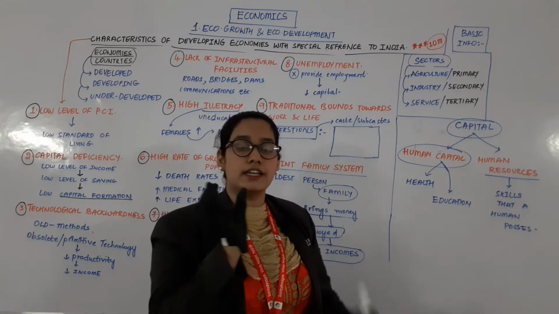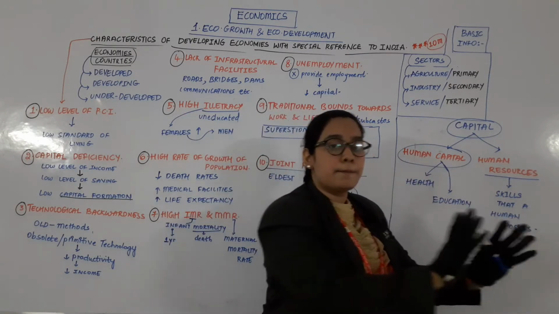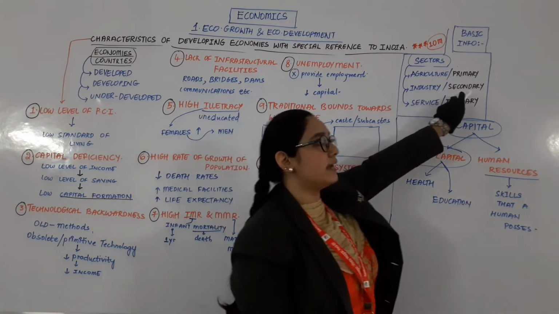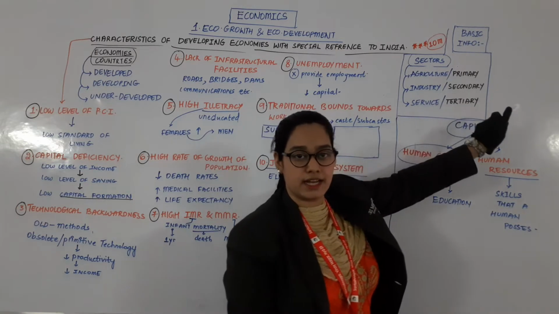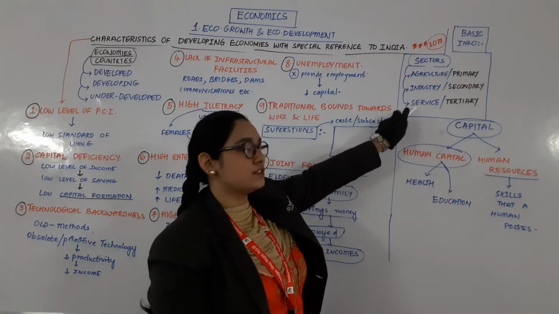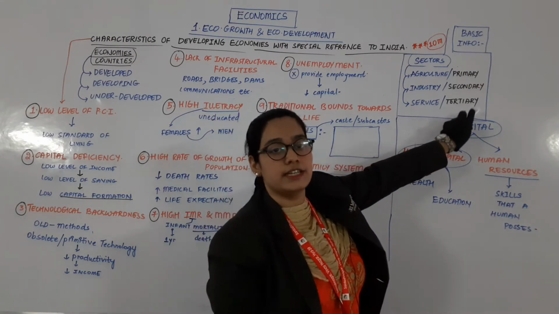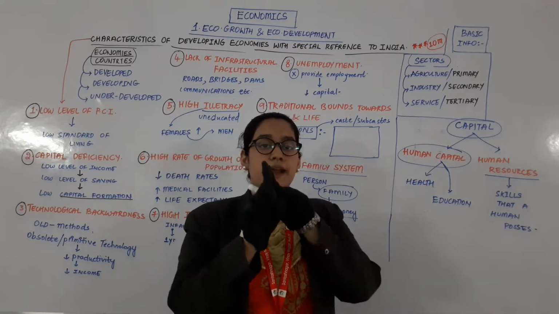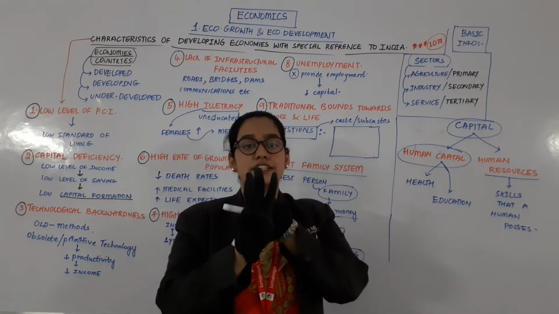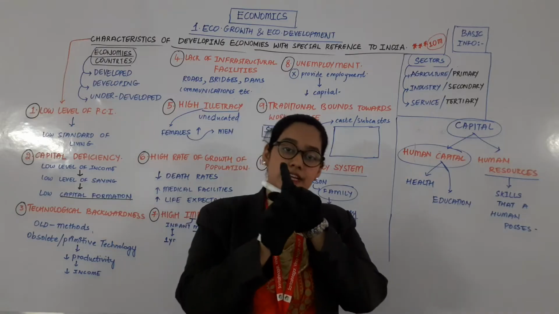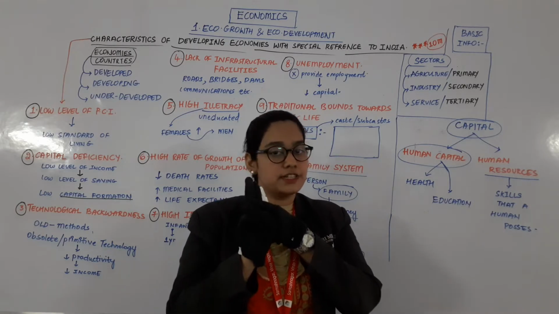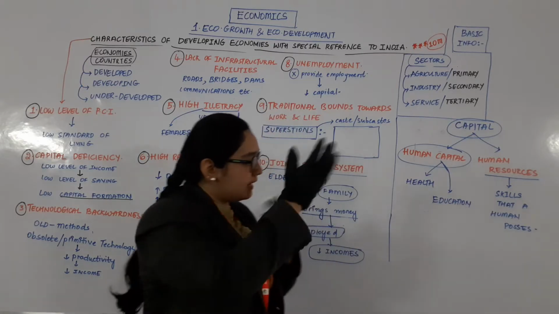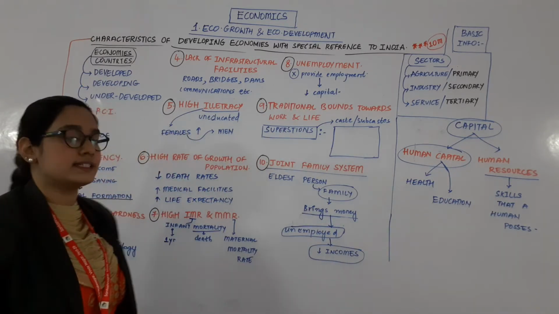Industrial sector is also called the secondary sector. Then the service sector is also called the tertiary sector. Always keep in mind there are three sectors: primary, secondary and tertiary, which means agriculture sector, industrial sector and service sector. Alright, let us come back to the concept.